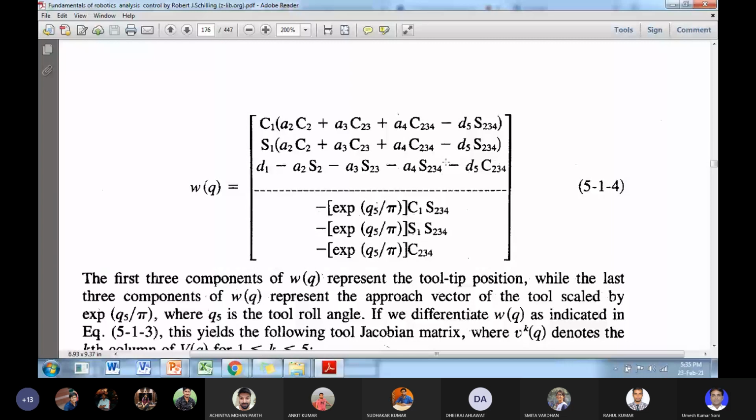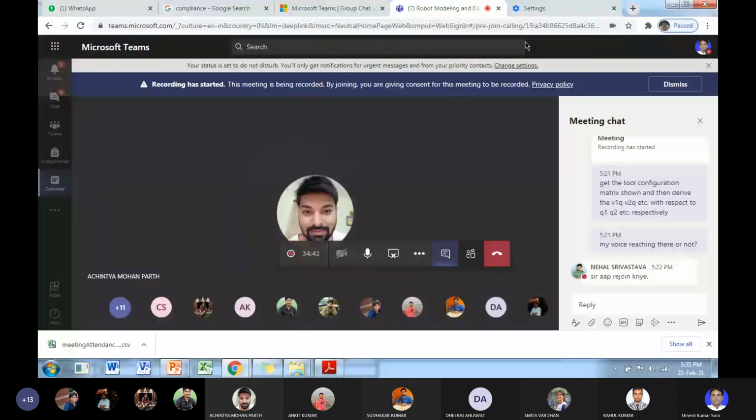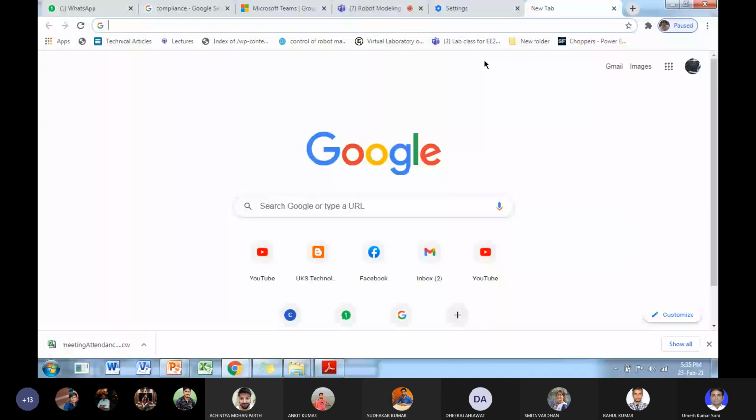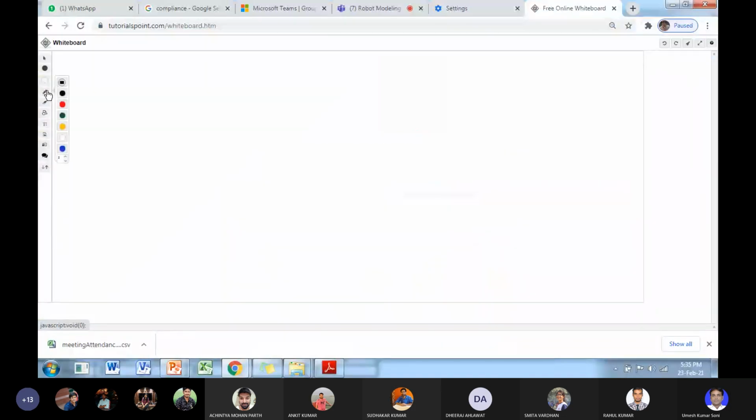When you are taking the partial derivative of these types of terms with respect to theta 2, suppose, then what will you do? You will simply take the derivative of this, C2 3 4. This is cos of theta 2 plus theta 3 plus theta 4.